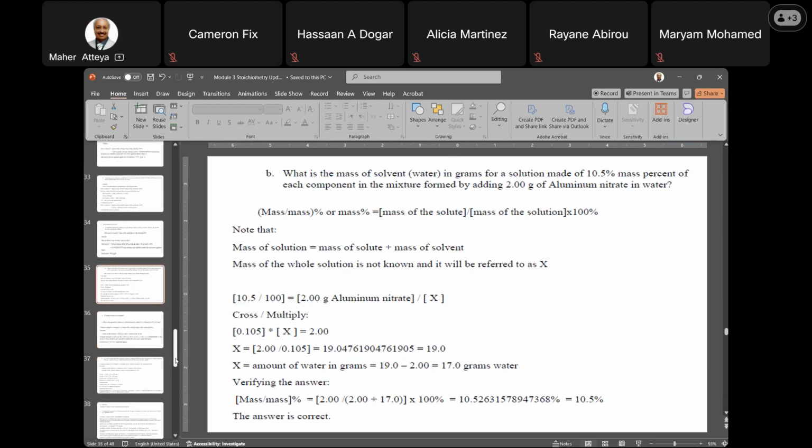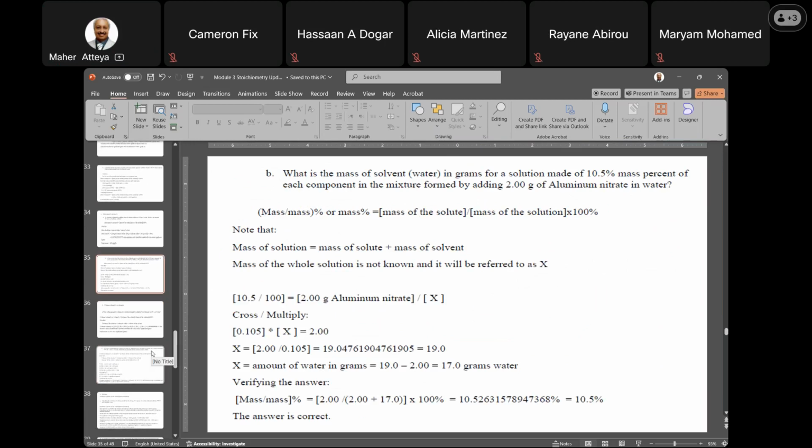Okay, so here's the same thing, guys. Something is given to you and something you have to find using the sub-formulas. Why am I saying sub-formulas? Because it gives us the mass to mass percentage, and it gives us the amount of the solute here.